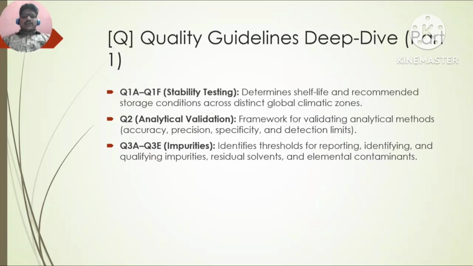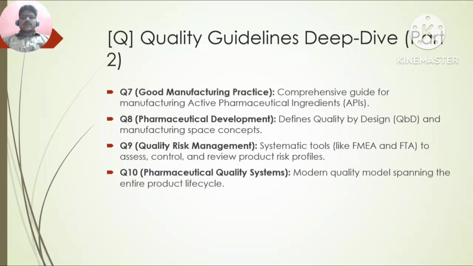Coming to Q3, this is also divided into A to E. For impurities, it identifies thresholds for reporting, identifying, and qualifying impurities, residual solvents, and elemental contaminants. Q7. Good manufacturing practice.